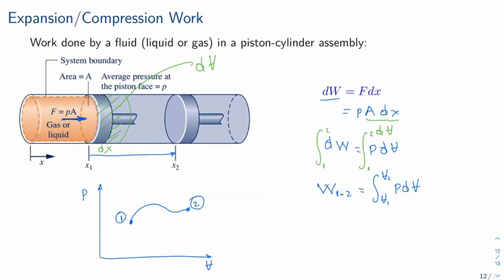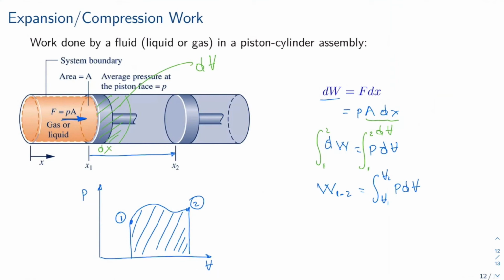What we are computing is the integral of P dV, and as we remember, that integral is the area underneath the curve. So the work done by a fluid is equal to the area under the curve of the PV diagram.